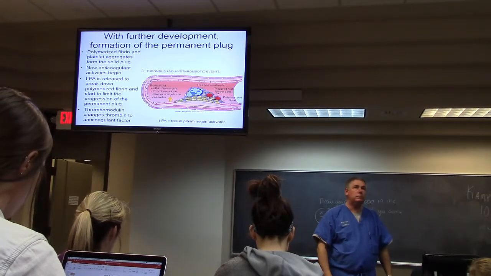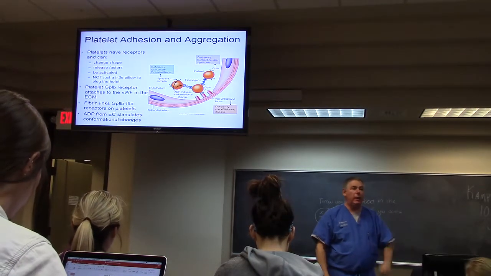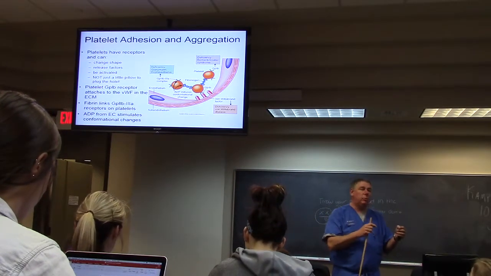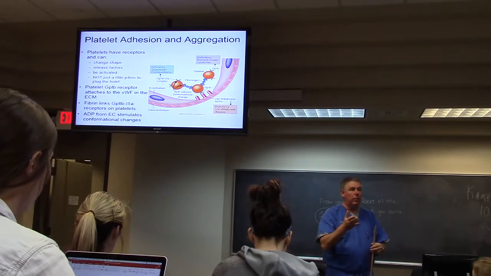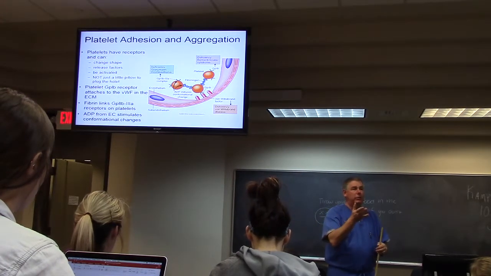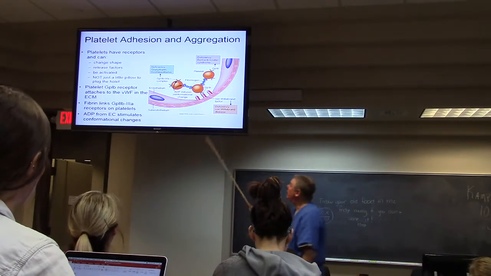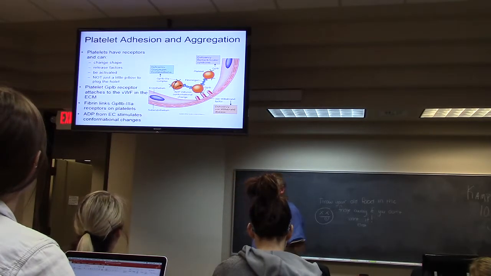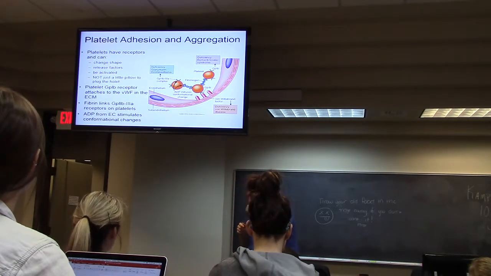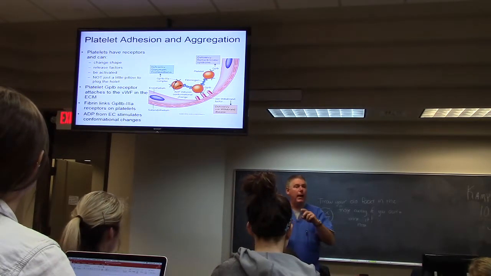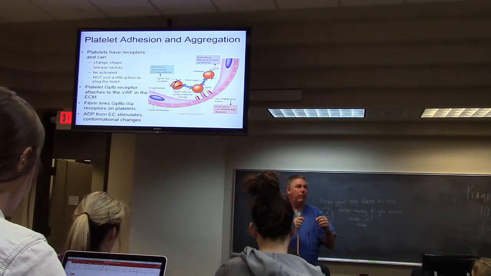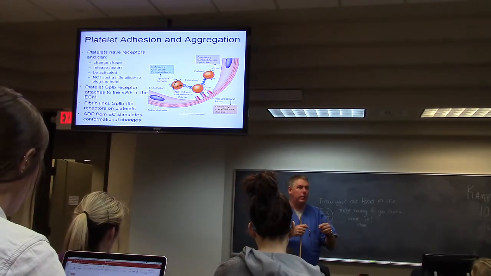All right. Here we go. This gets to your point right here. How do platelets recognize the endothelial cell damage to go bind to it in the first place? So this represents the damaged part of the vessel here. Outside of the endothelial cells, there's a protein called von Willebrand factor.